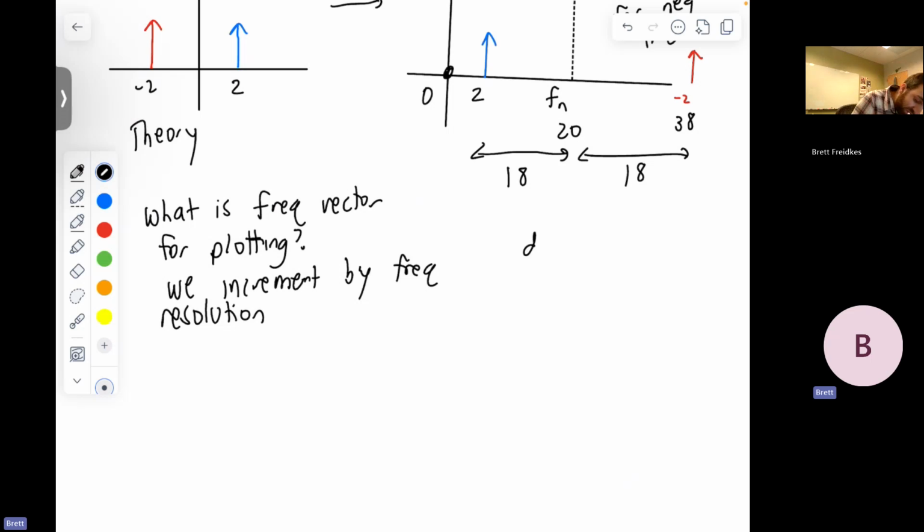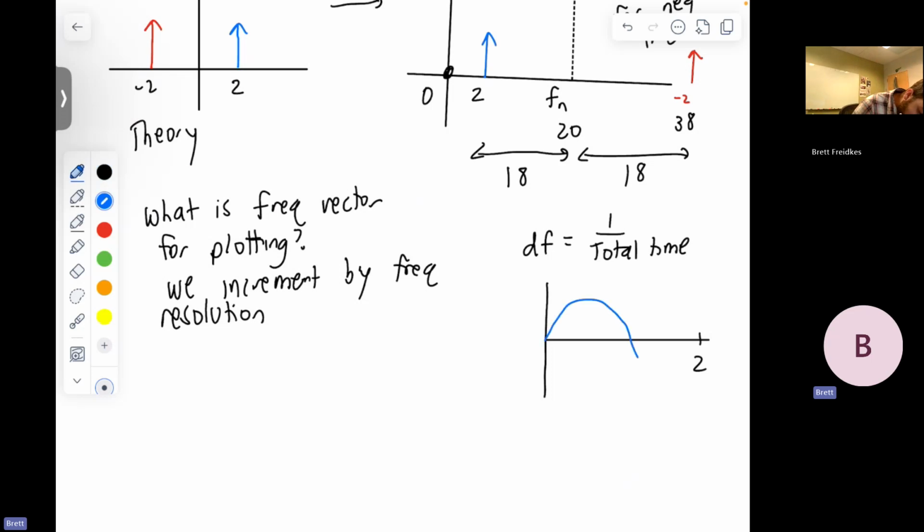And it's a really easy definition. df is just 1 over the total time. Because if I am measuring for 2 seconds, what is the lowest frequency that I can fit 1 period into? So if I were to just draw a sine wave, that's 1 period, that is the lowest frequency that we can resolve.